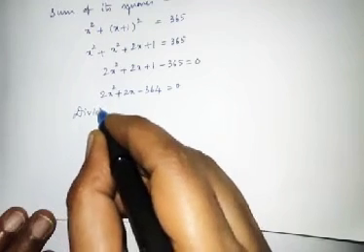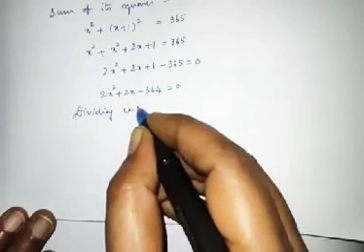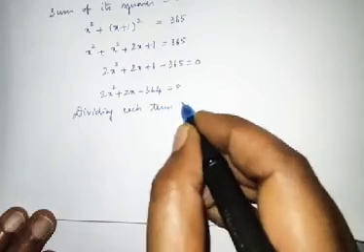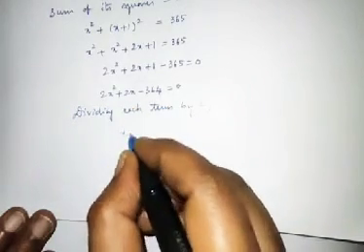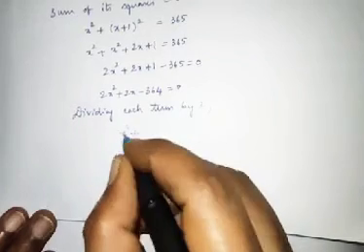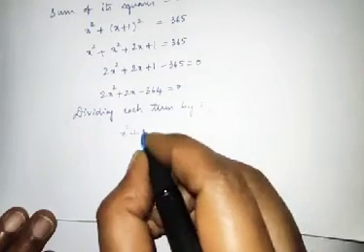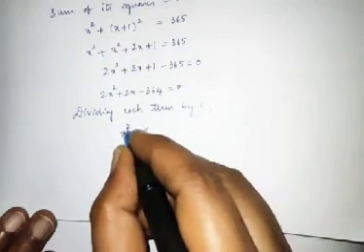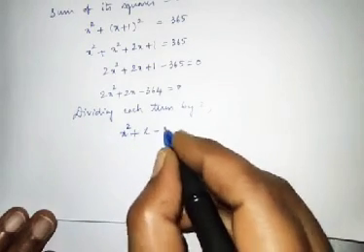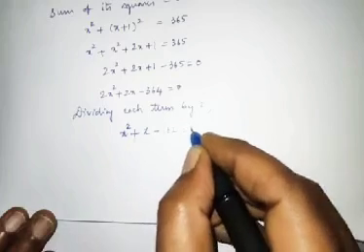So dividing each term by 2, we are going to get 2x square by 2, x square, and 2x by 2, x, then 364 by 2, 182 is equal to 0.